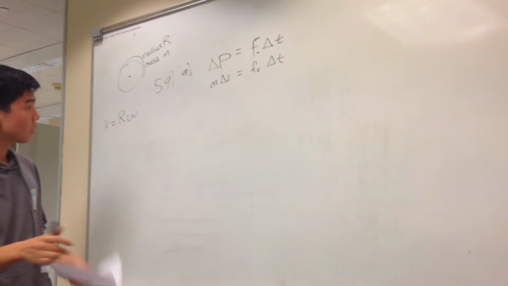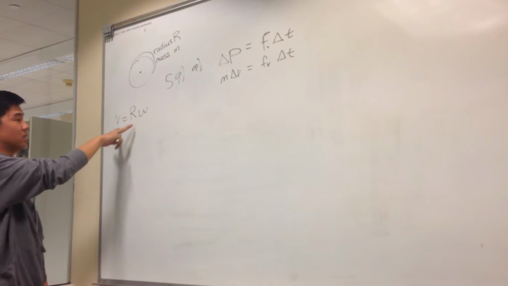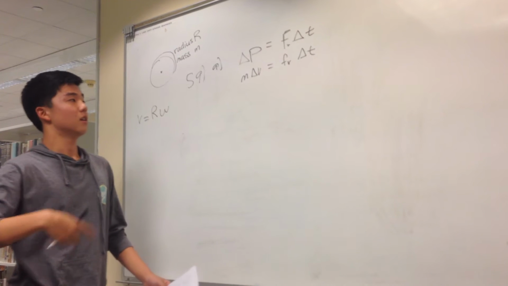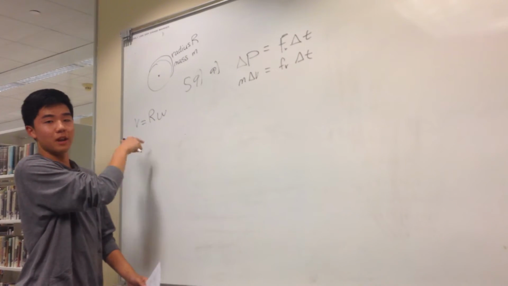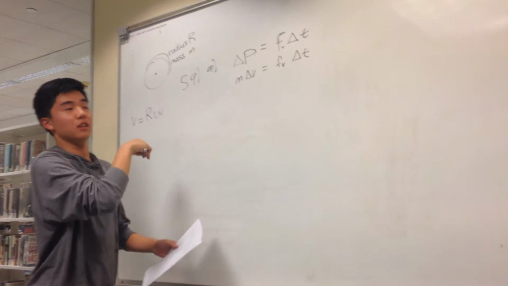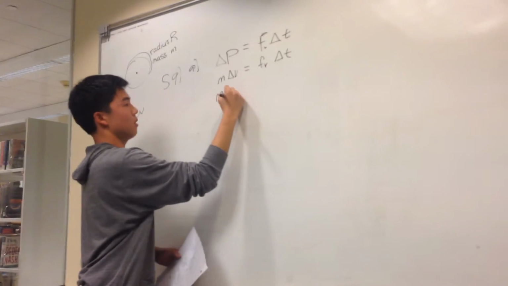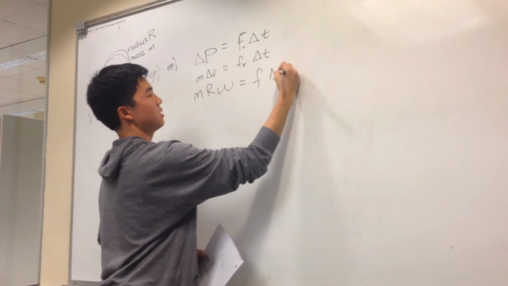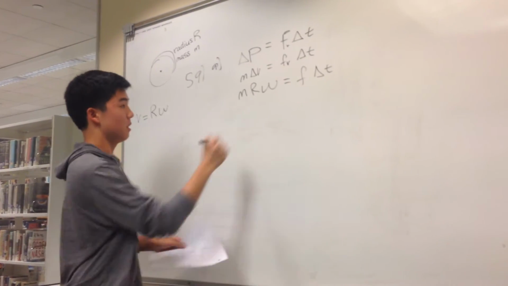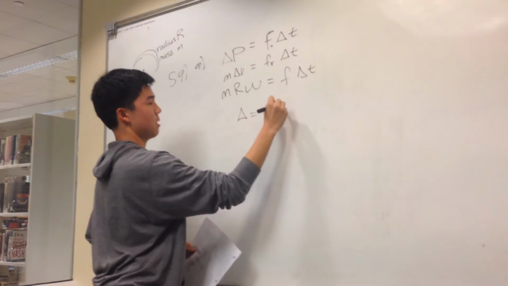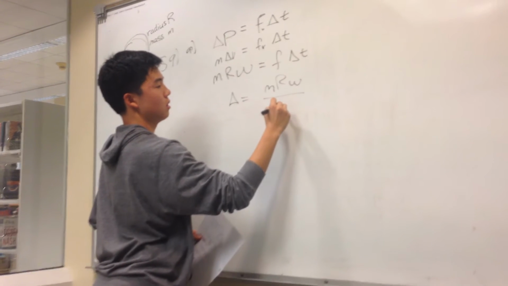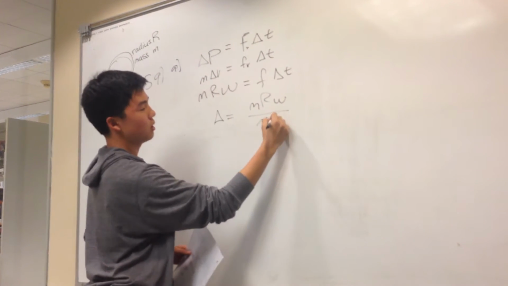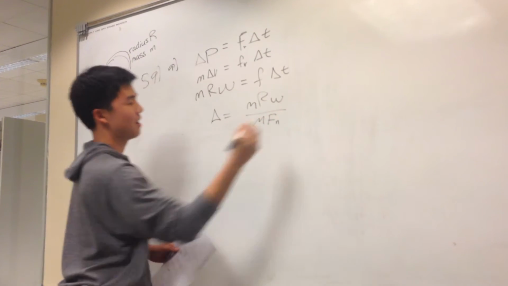Now, delta V is going to equal r omega. That's just velocity equals the radius times angular velocity. So m r omega equals friction times the change in time, and then we'll solve for the change in time. We get m r omega over friction, which is also mu times the normal force.